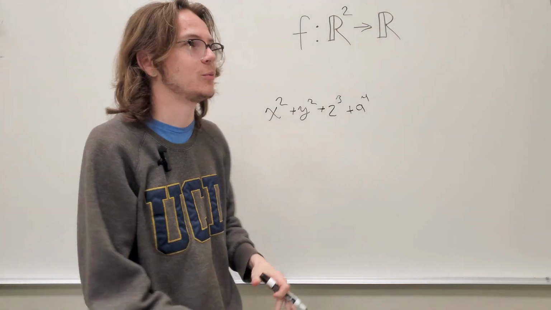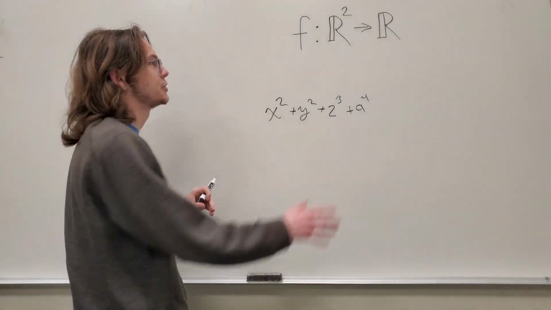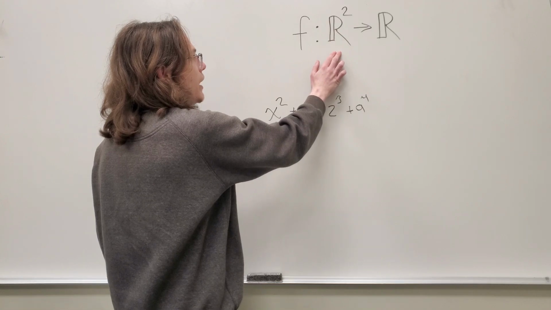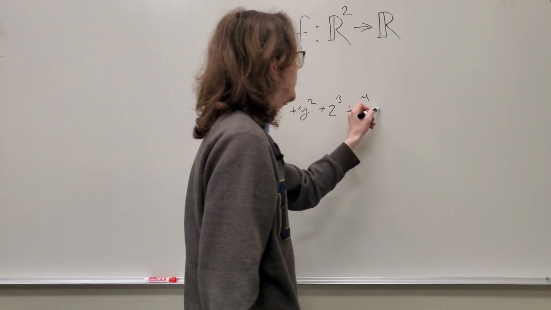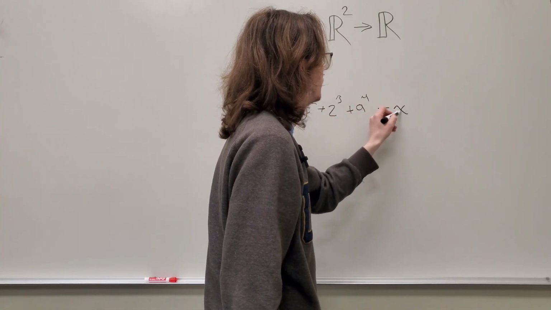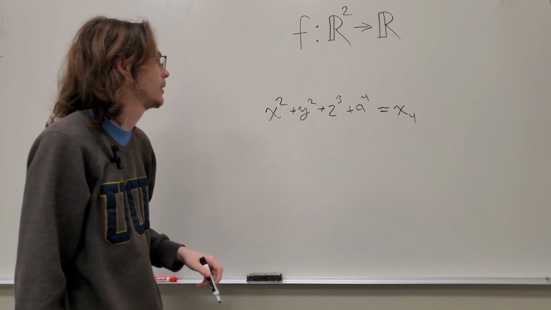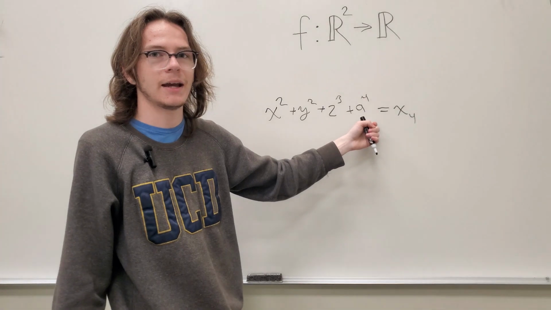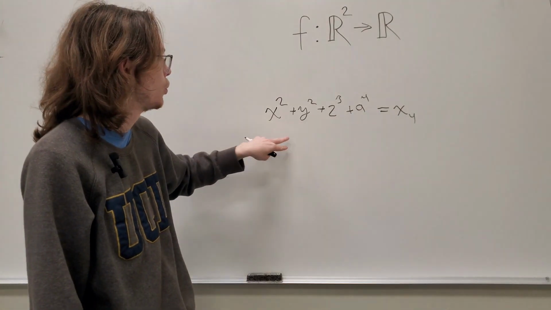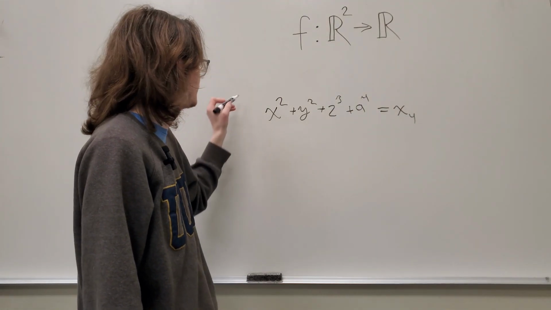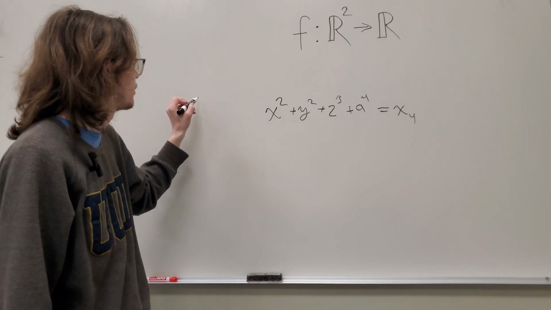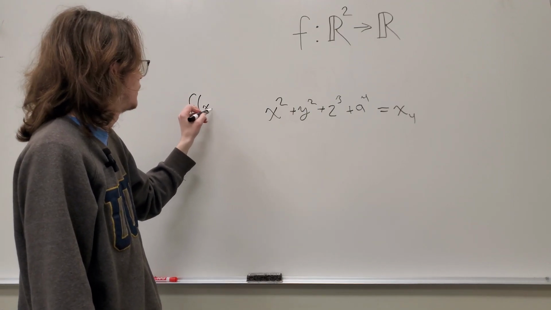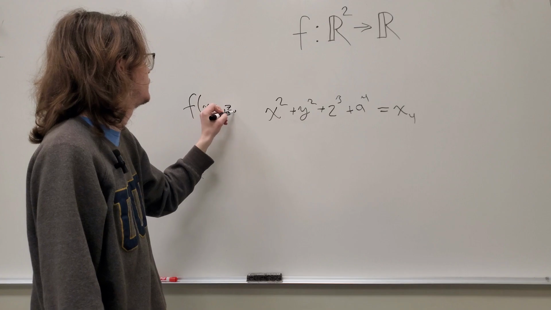And I know I said we'll be sticking to 3 dimensions, but this is, again, just for any arbitrary Rn mapping to R, and that equals x4, right? And so we've got x, y, z, and a as our inputs, and let's say this is our function of x, y, z, and a.